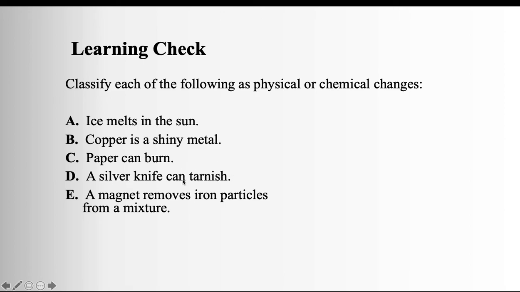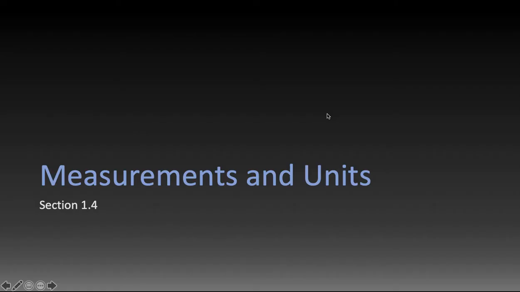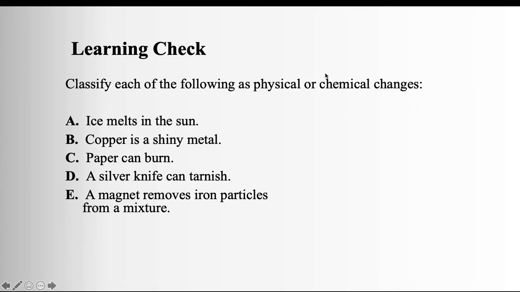Silver would react with the oxygen in the air to form silver oxide, silver 1 oxide, and therefore the tarnish part of it tells us that it's a chemical change because it is changing into a different compound. It's not silver anymore. It gets this dull look to it, whereas silver is shiny. Therefore, it's not just a physical change, it's a chemical change. It's now changing into a different compound.